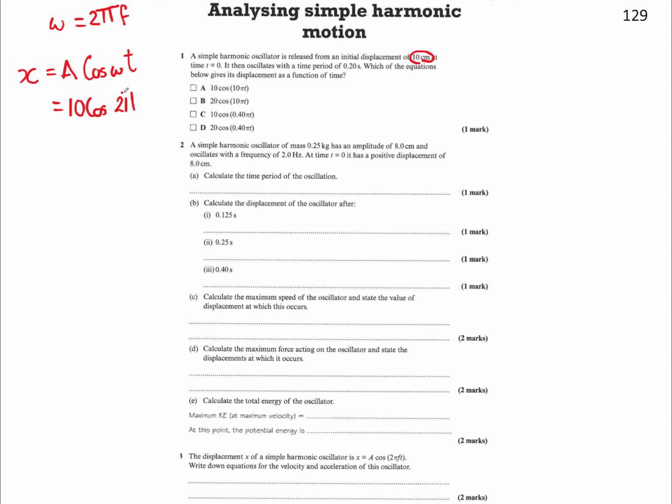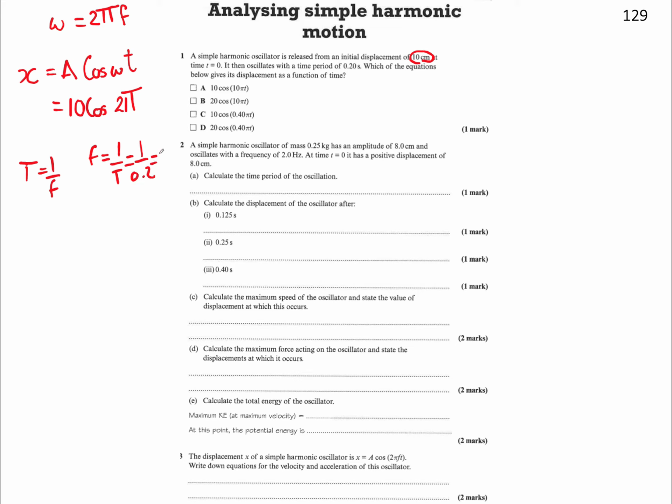What's the frequency? We're told that the time period is 0.2. Time period is related to frequency by being 1 over f, so if you do the opposite of that, you get f equals 1 over the time period. So it's 1 over 0.2. The value you get there is 5.